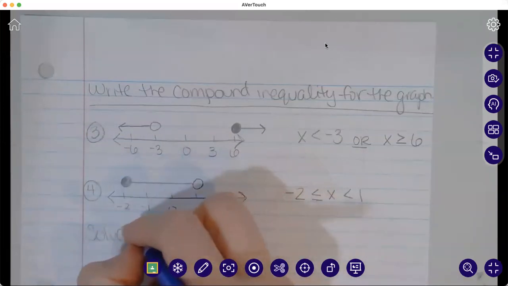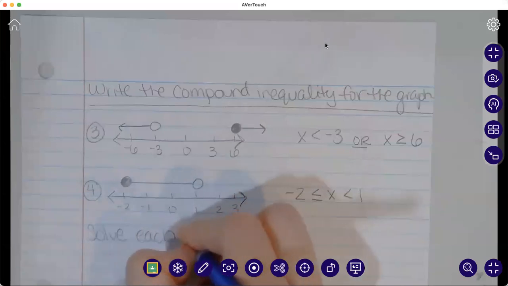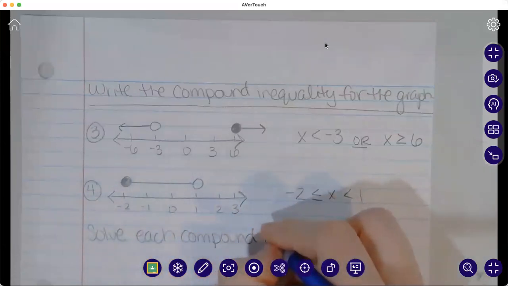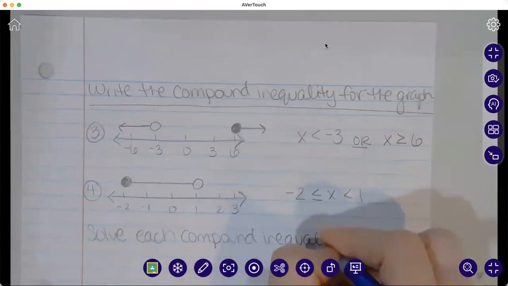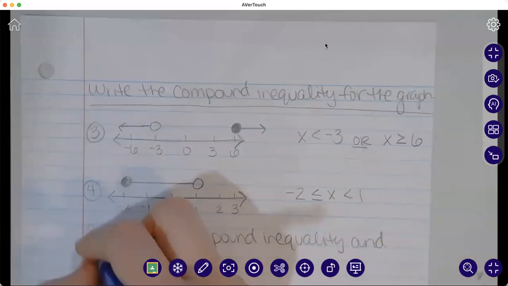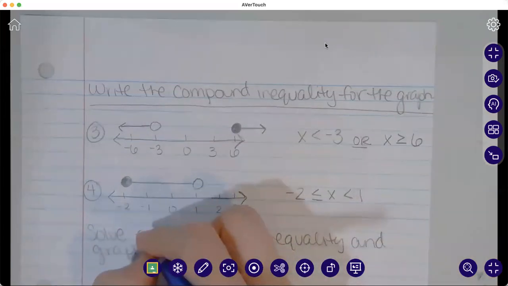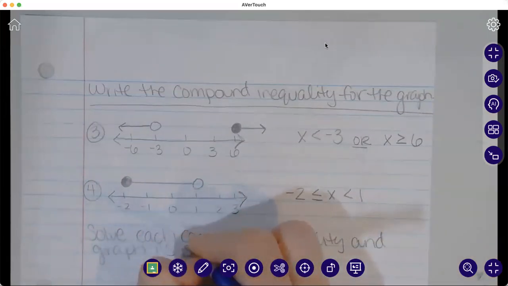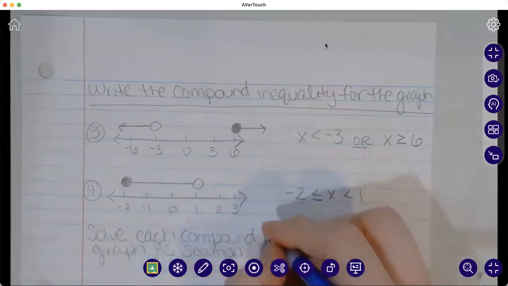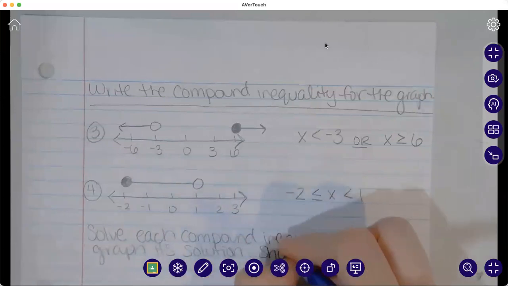So we're going to solve each compound inequality and graph its solutions. And as always, we are going to show work.